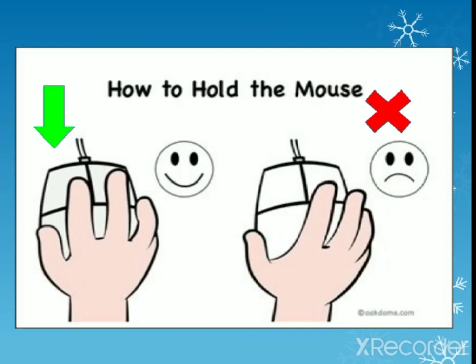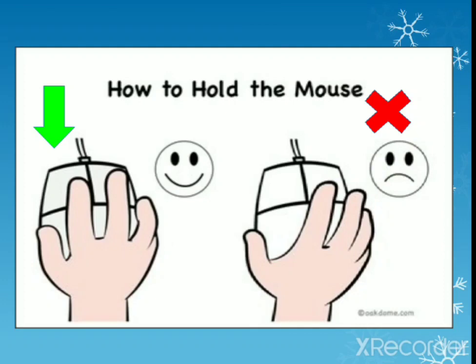You will not hold the mouse tightly, you will hold it very softly. You will keep the first finger on the left mouse button and the second finger on the right mouse button, and the center one, the scroll button, you are not supposed to touch. We will use it whenever it is required.